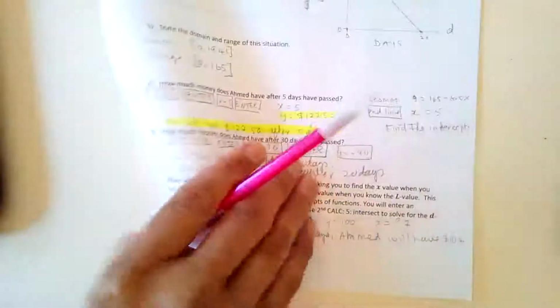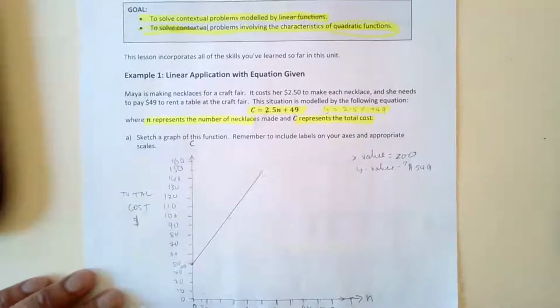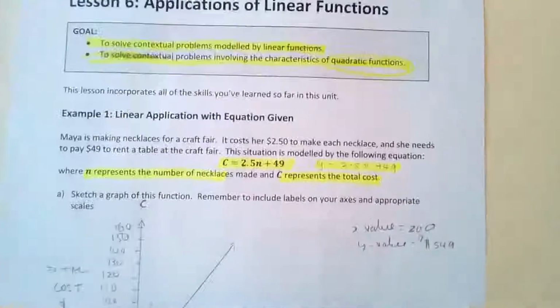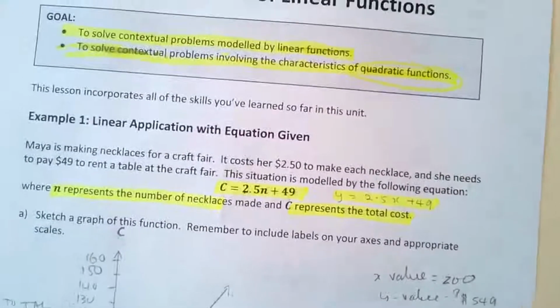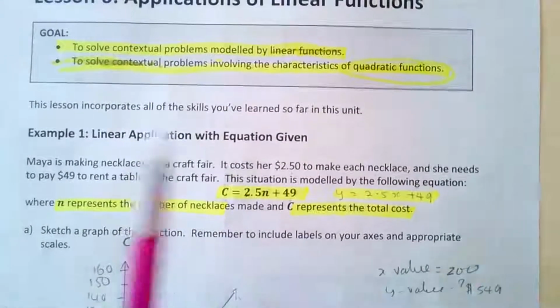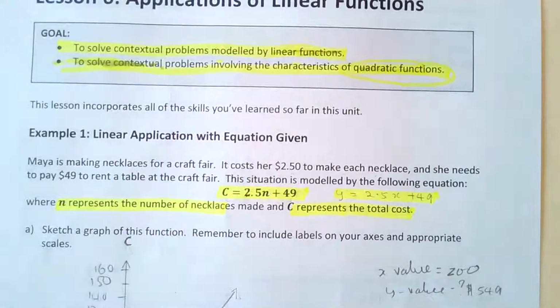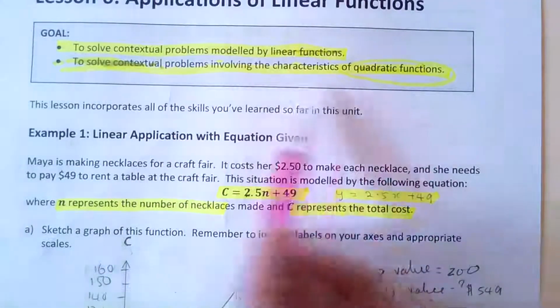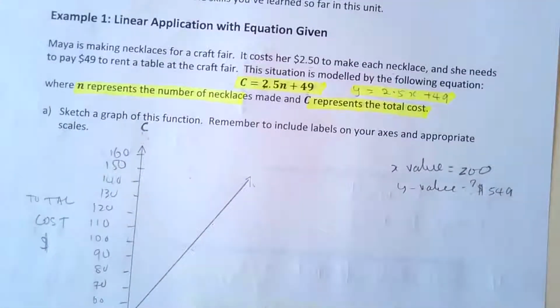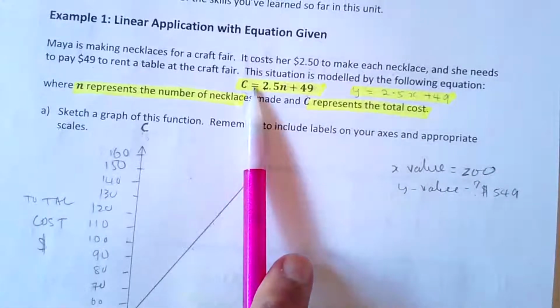So let's recap today's lesson. Our goal is to solve contextual problems modeling by linear functions. We're not going to do quadratic yet. So the first 2 questions we're looking at are when you're given the equations.